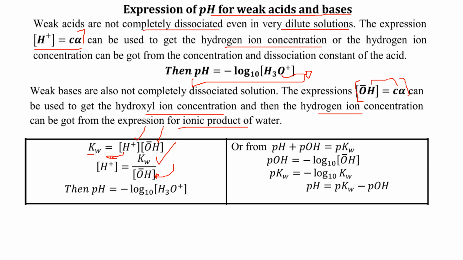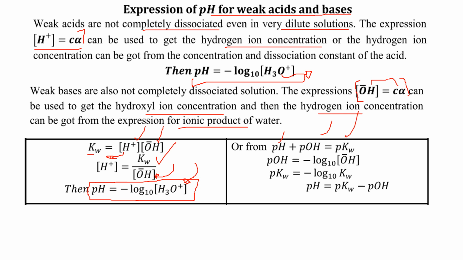Then the formula for finding pH remains constant as negative logarithm to base 10 of the hydroxonium ion concentration or the hydrogen ion concentration. Or simply you can use the derived expression that pH plus pOH is equal to pKw.